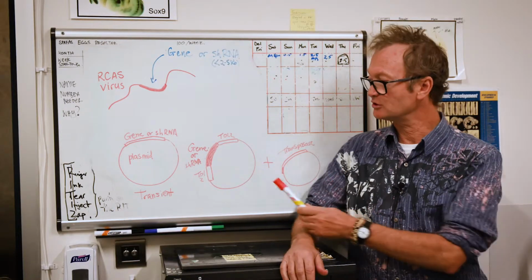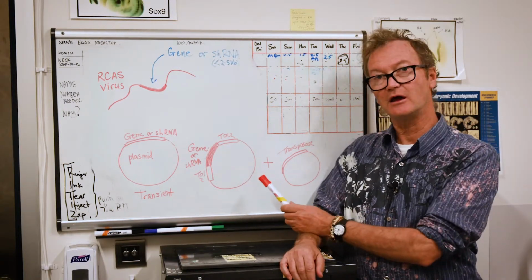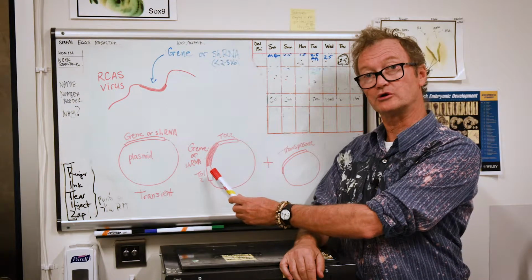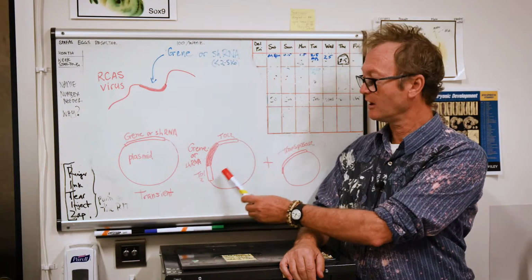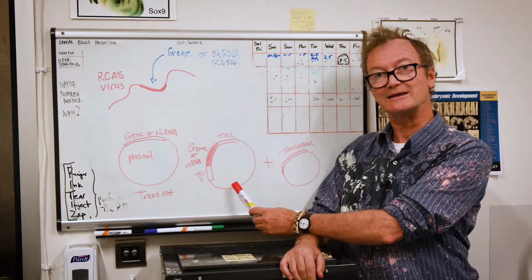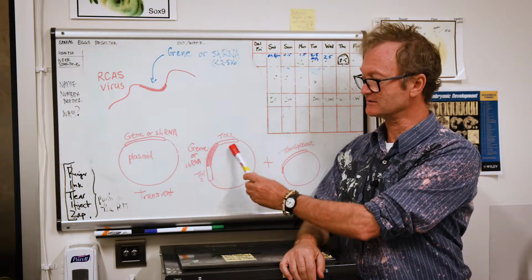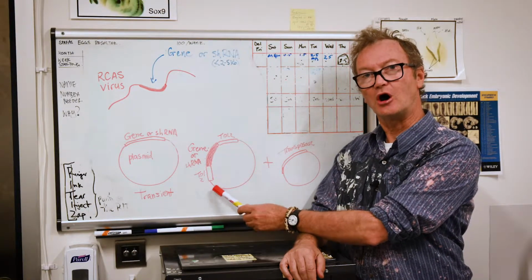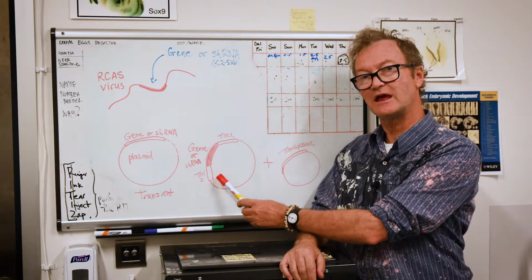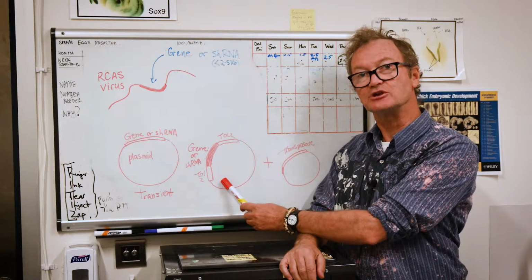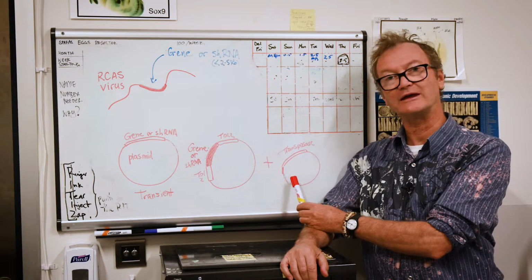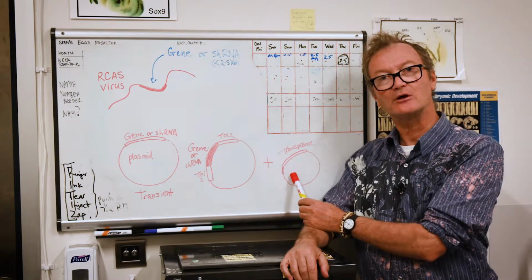A better way is to use a plasmid vector carrying the gene of interest, or a short hairpin RNA for knockdown, in what's called a Tol2 plasmid. This plasmid has these Tol2 arms on either side of the gene of interest. They will integrate into the genome in the presence of a co-electroporated transposase enzyme.